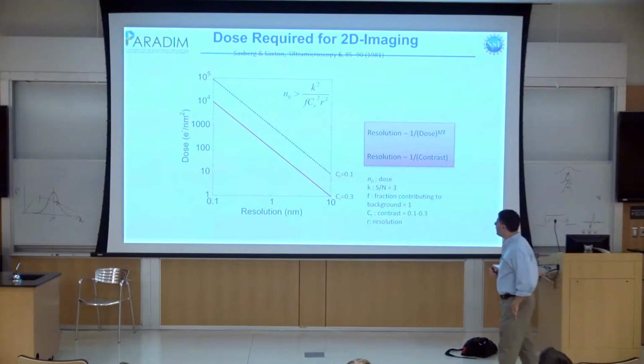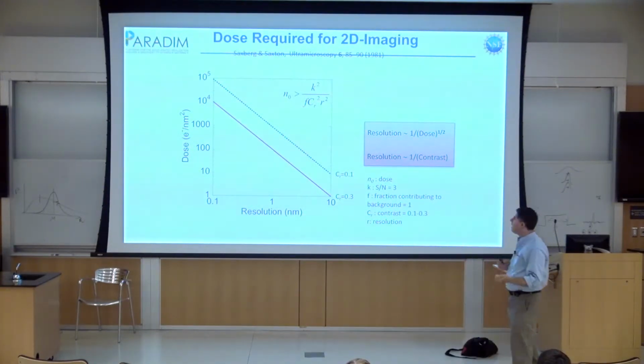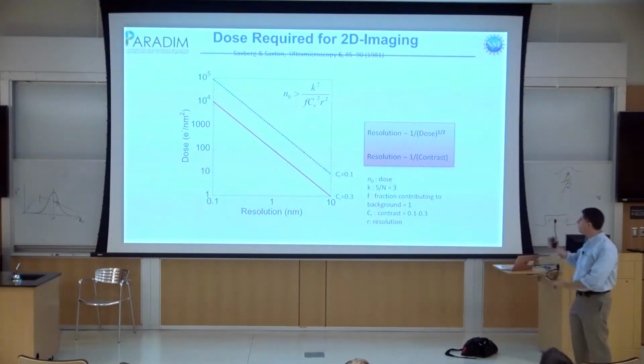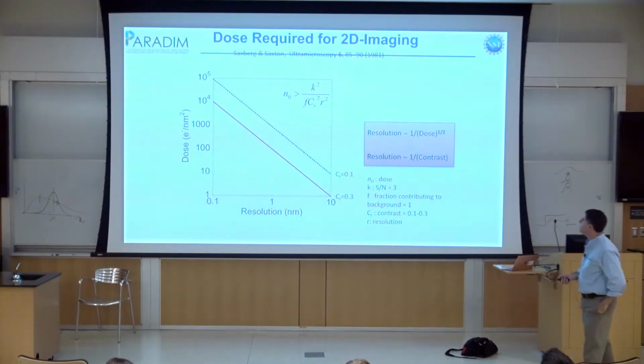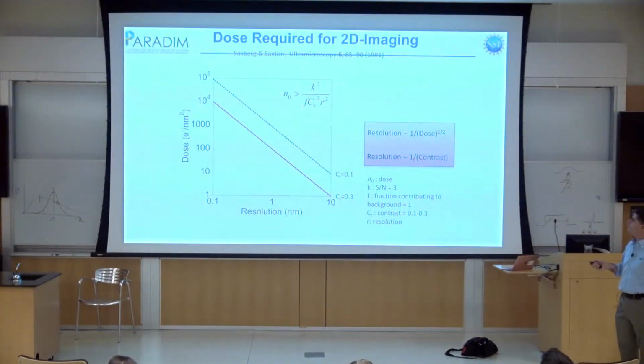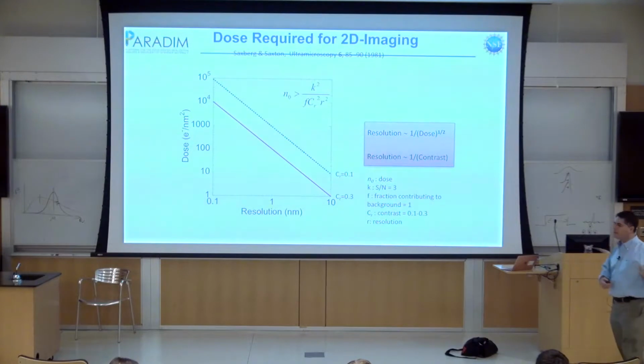Given that fundamental limit, we can go back to the very first picture I showed you and ask the question: how many electrons do I need to resolve a particular feature of a different size? I apply that Poisson noise square root of n analysis along with the collection efficiency of my detection mode. Bright field is maybe 10% efficient, annular dark field is 1%, and EELS is maybe 0.1%.